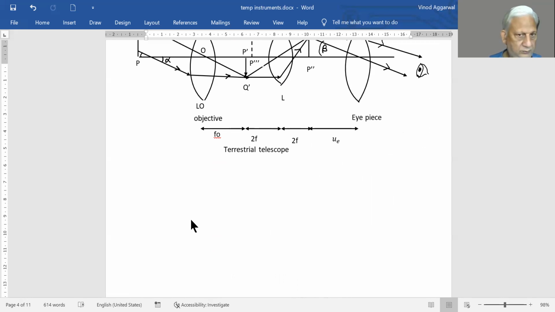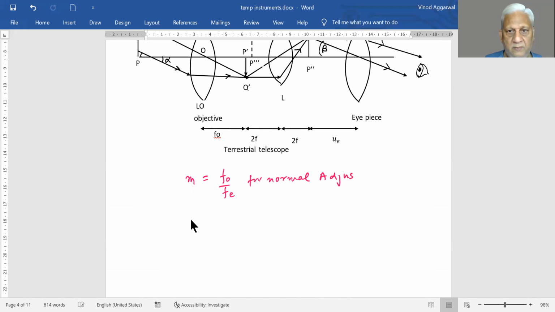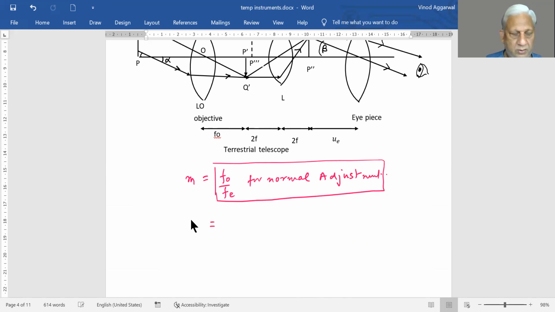So here our magnification is defined as, for normal adjustment, and is also equal to FO by FE for near point adjustment.